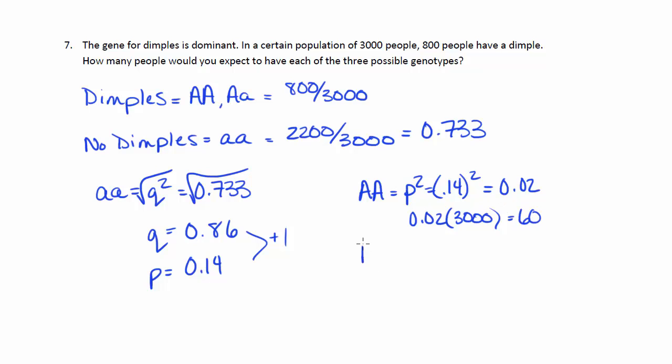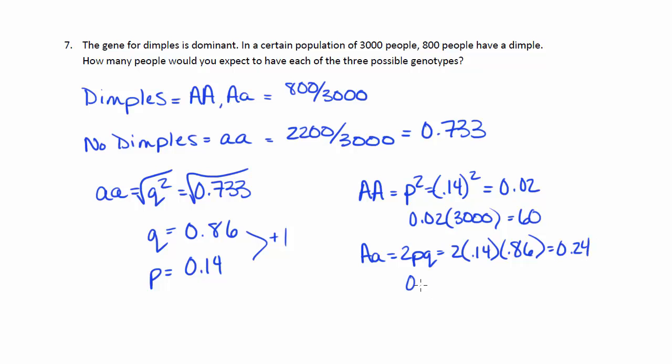If we look at the heterozygous ones, heterozygous is 2PQ. So this is going to be 2 times P, which is 0.14, times Q, which is 0.86. If we multiply that, we get 0.24.